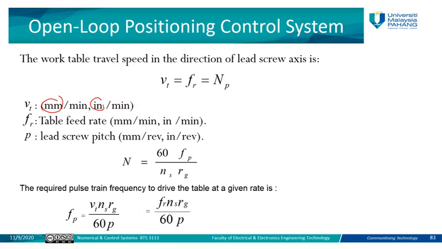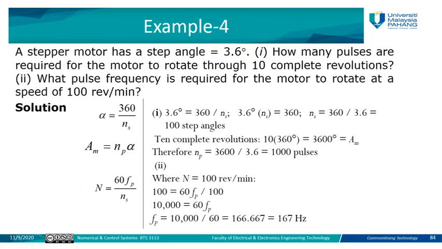Table feed rate will also be measured either in millimeter or meter per minute or inch per minute. For the lead screw, the pitch is in millimeter per revolution or inch per revolution. So all these formulas are going to be applied in the coming examples.